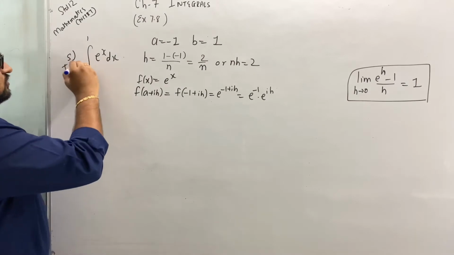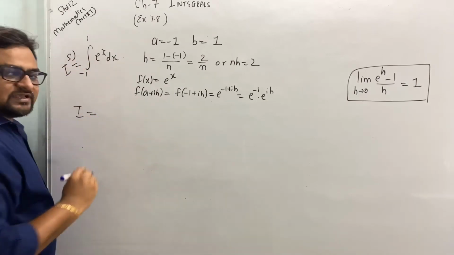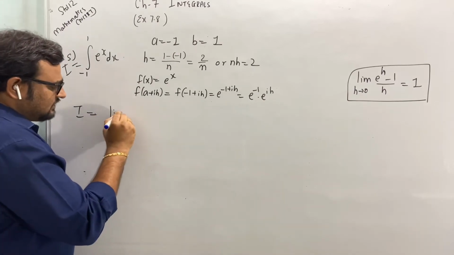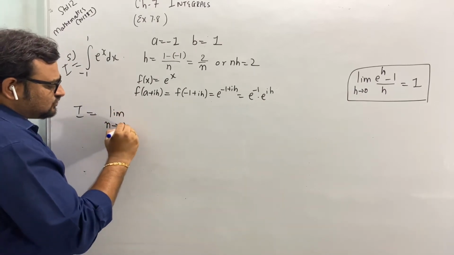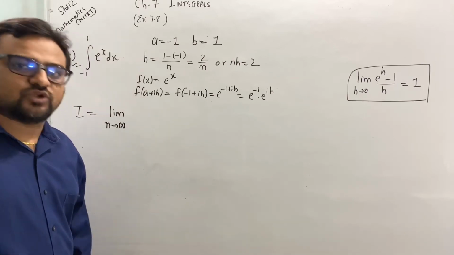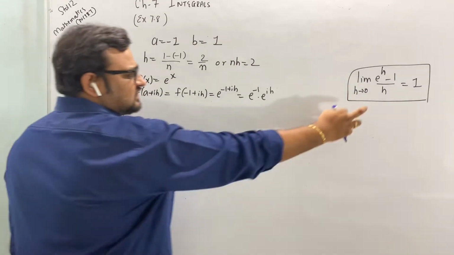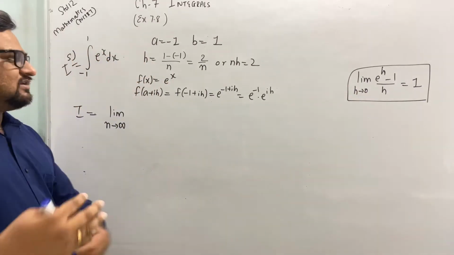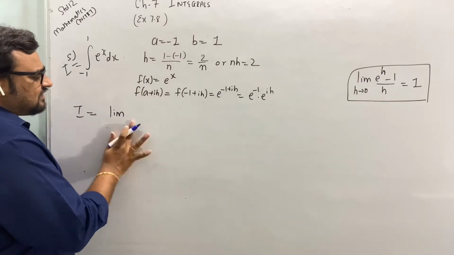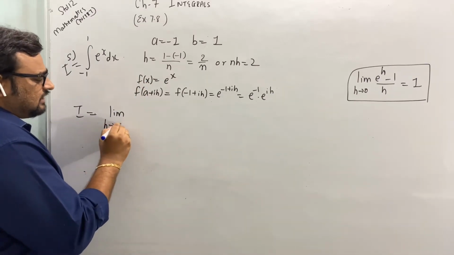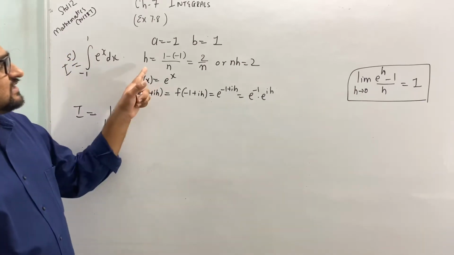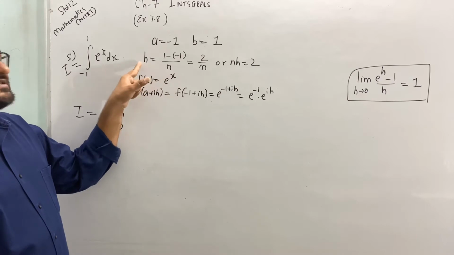So now our I is equal to limit n tends to infinity, or h tends to 0. Clear? I will be using this formula here. Whenever there are questions like e raised to x, instead of n tending to infinity I will take h tends to 0, because n tends to infinity means h tends to 0.